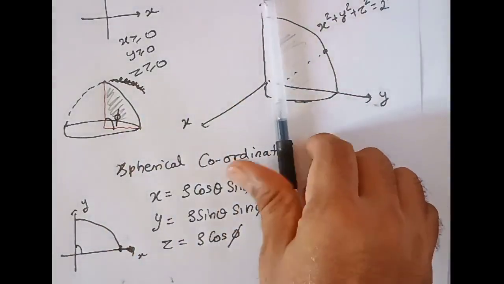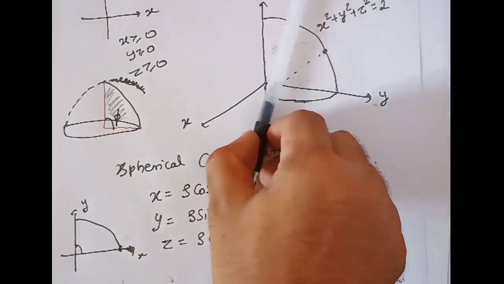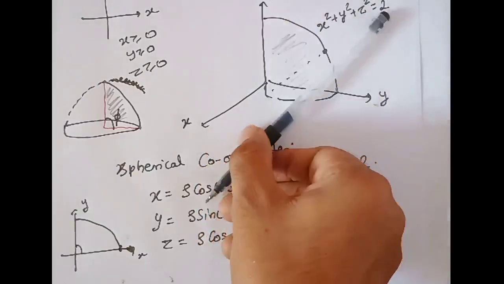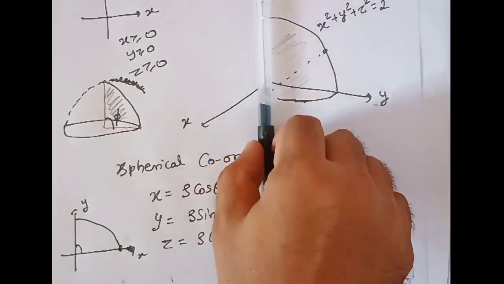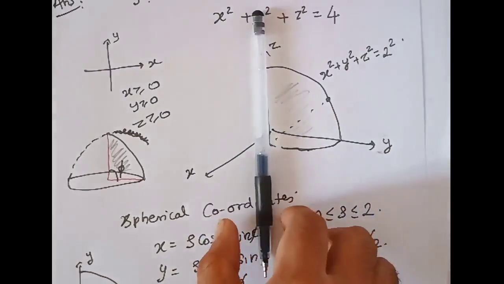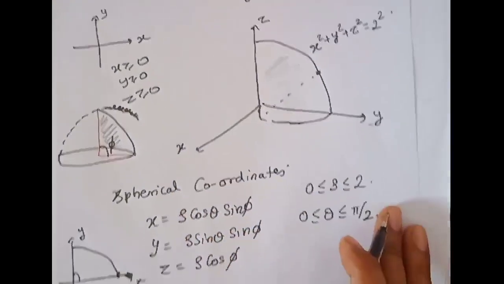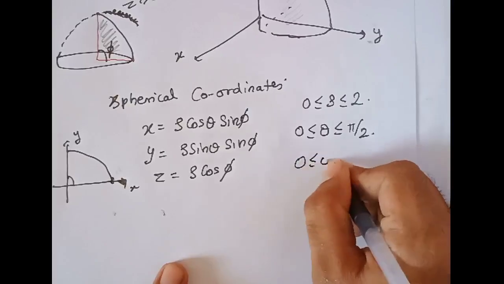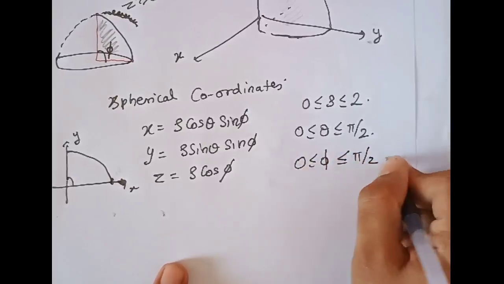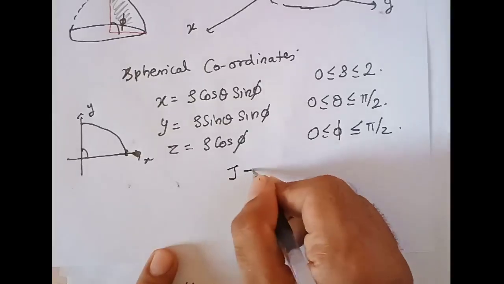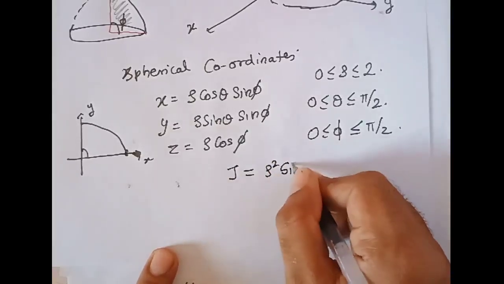Along the positive direction of the z axis it starts from angle 0 and reaches the xy plane, so phi is also from 0 to pi by 2. And without fail, the Jacobian is rho square sine phi.